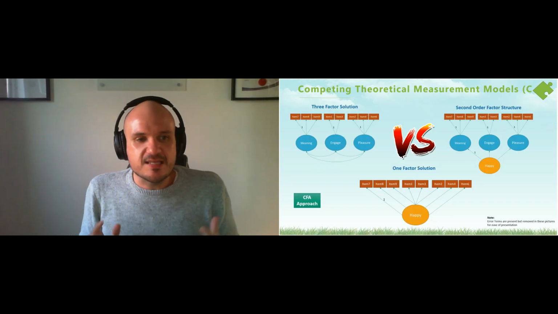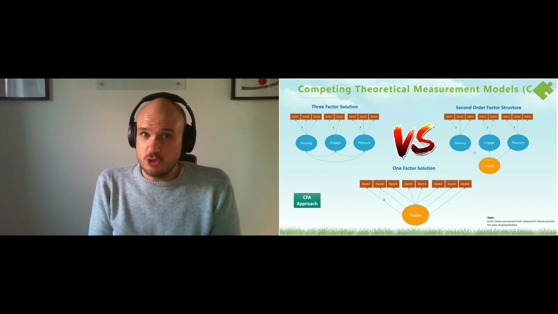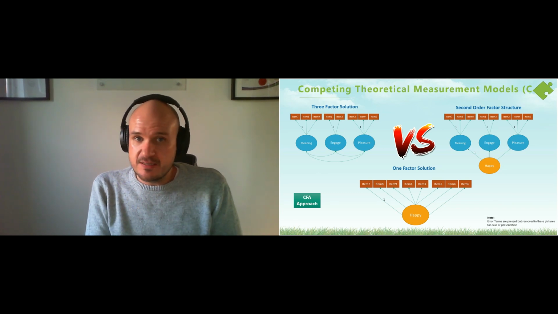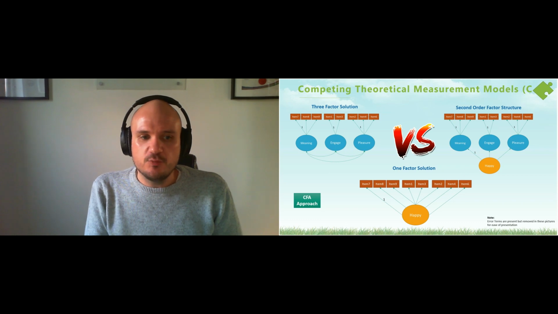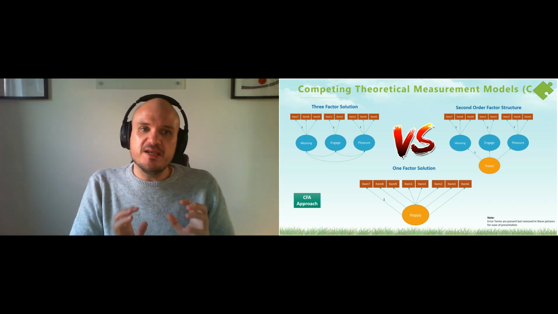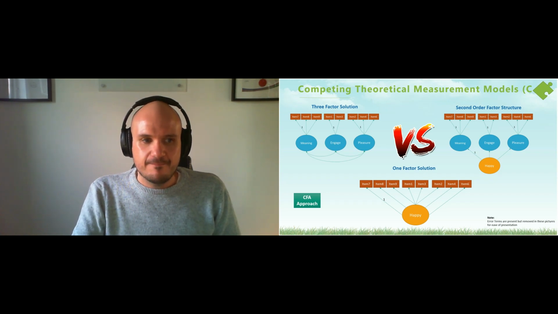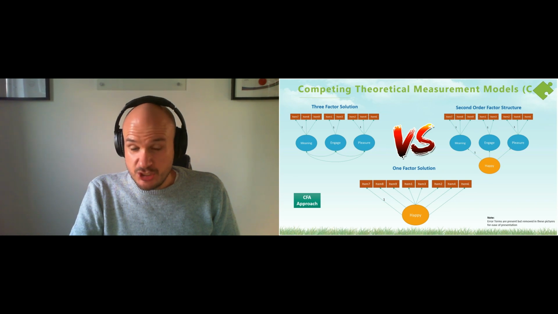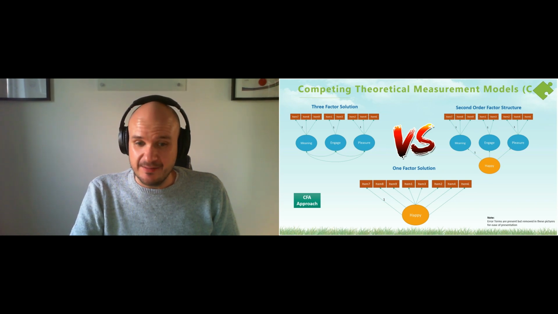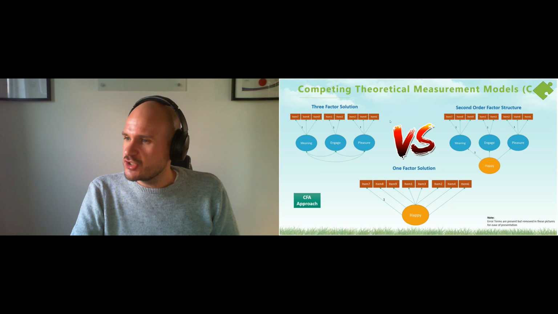So in practice, this is what it then looks like. We have one instrument, which is called the Authentic Happiness Index, for example. And we know from theory there are three versions of how this thing can manifest. The instrument we use has basically 8 items, right? So the theory tells us it can manifest in 3 ways.